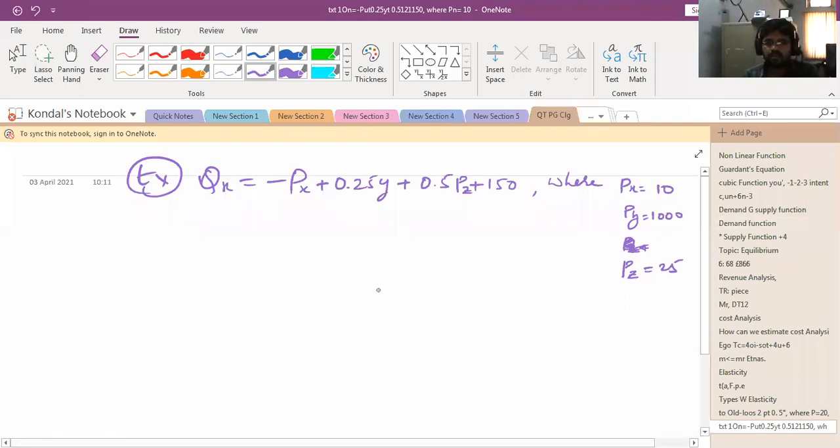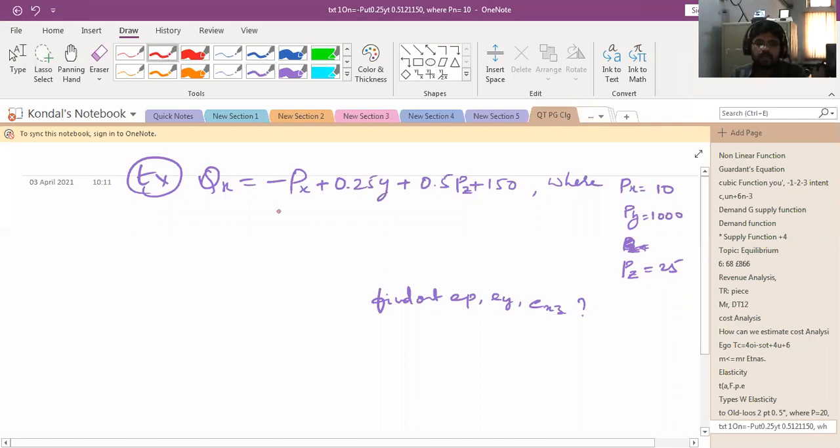So find out the elasticity of price, elasticity of income, and elasticity of xz. Elasticity of xz is nothing but the cross elasticity. I am repeating that again.